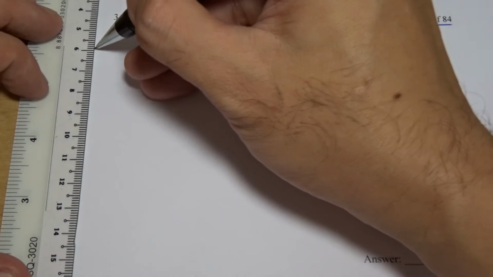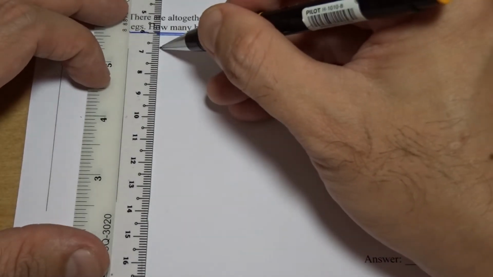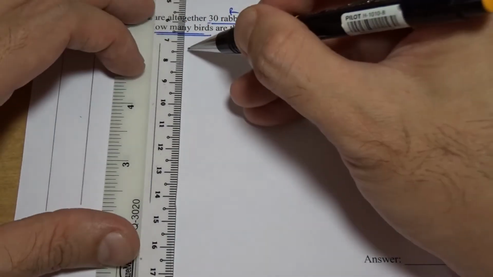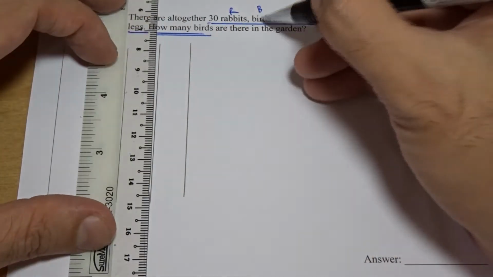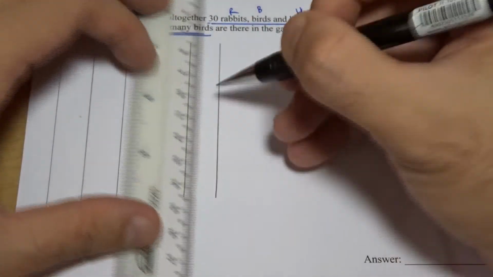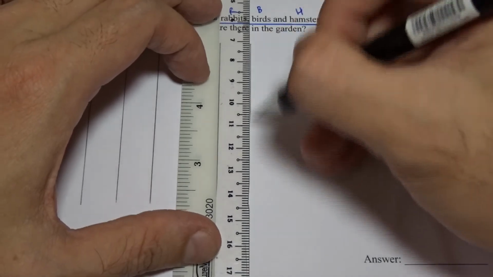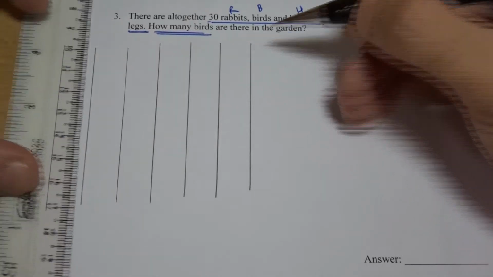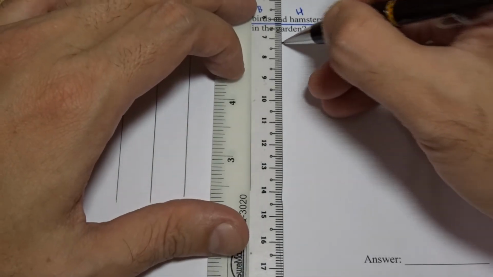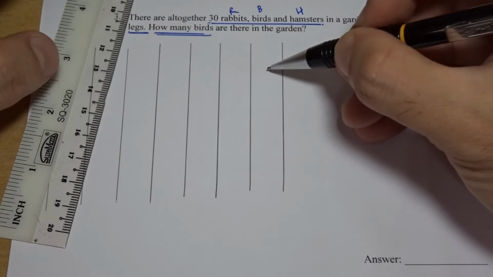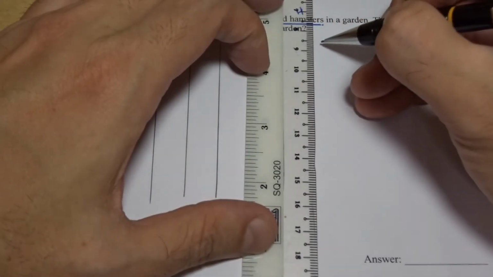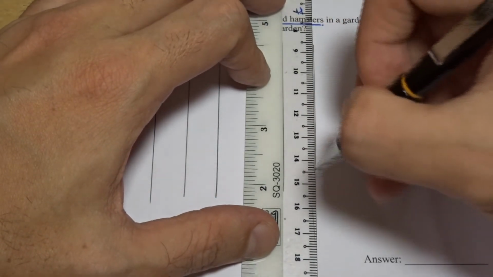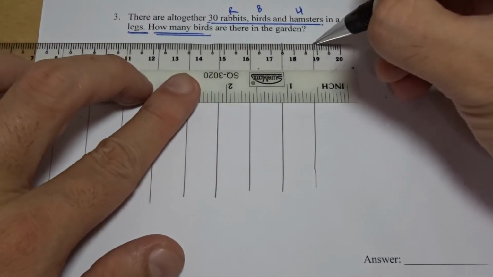The first would be the total number of rabbits, followed by the total number of legs from the rabbits, total number of birds, total number of legs from the birds, total number of hamsters, total number of hamsters' legs, total number of legs, as well as the guess and check column.